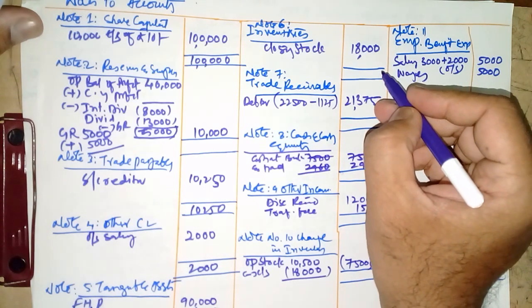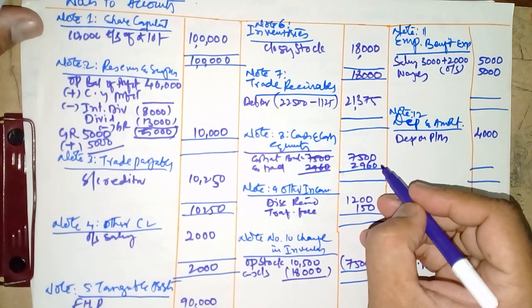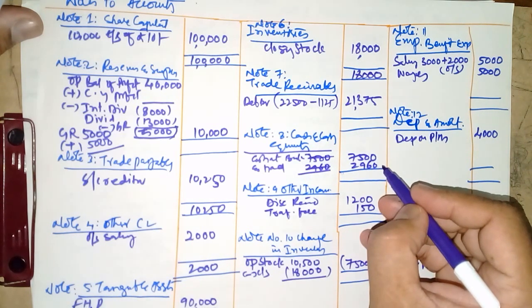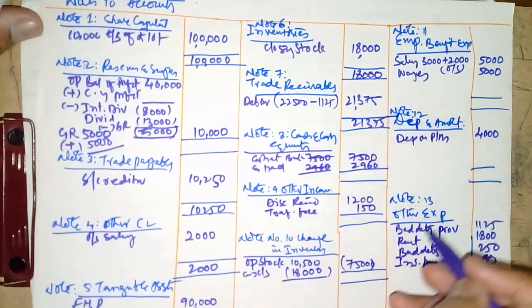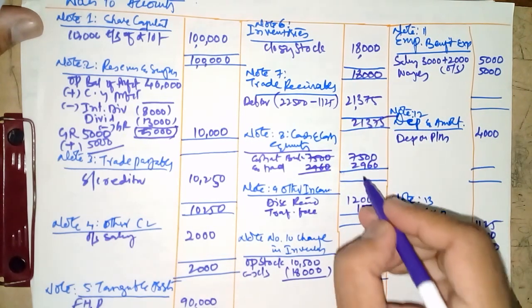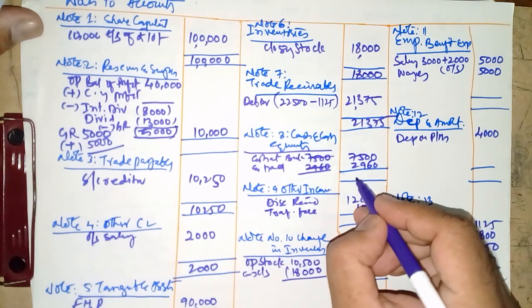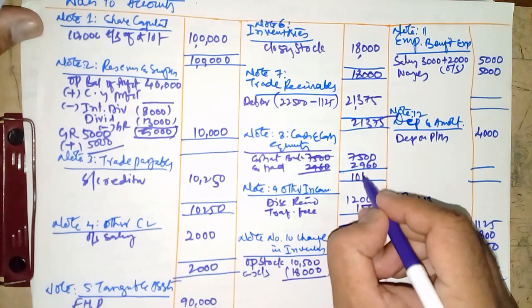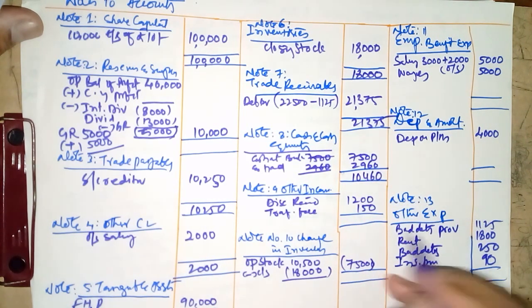Now we have inventories. Inventories total is 18,000 as usual. Then trade receivables. Trade receivables is 21,375 as usual. Then cash and cash equivalents. We have two items of cash and cash equivalents, that is 10,460. So cash and cash equivalents 10,460.